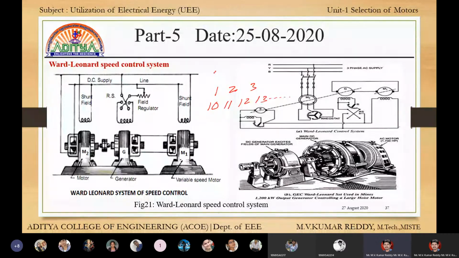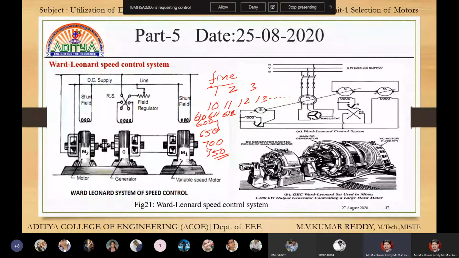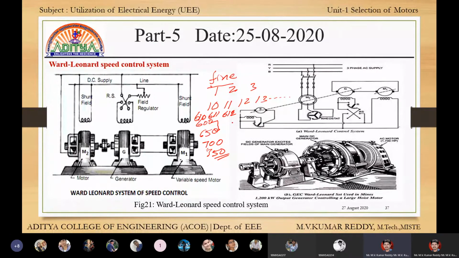The general speed range is 600, 650, 700, 750, whereas fine speeds are like 610, 611, 612, etc. For these fine speeds also, the Ward-Leonard method can be used.